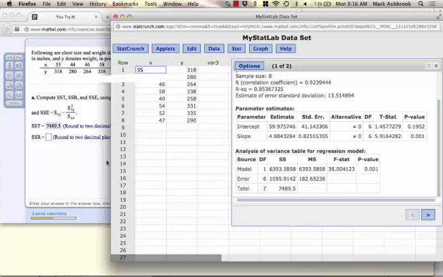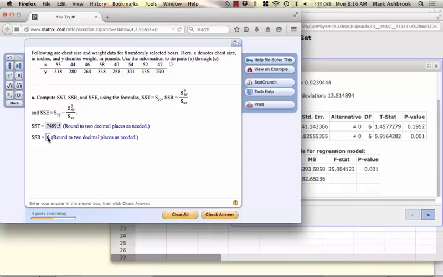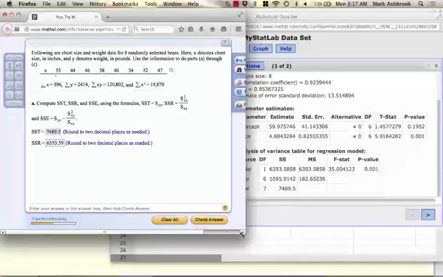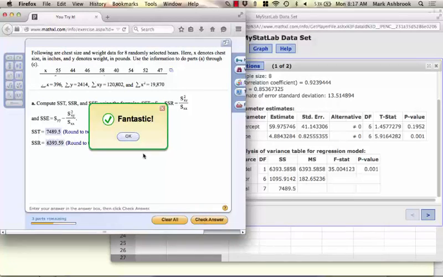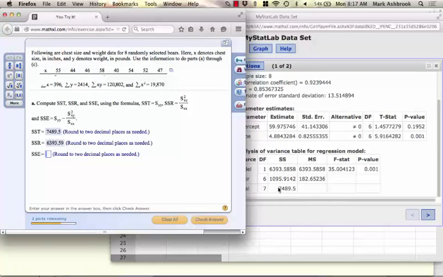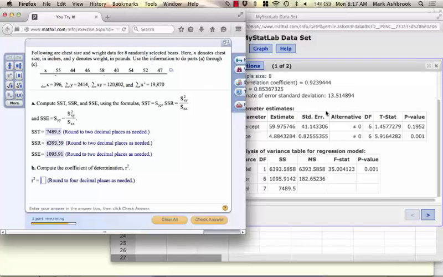SSR, 6393.59. And then SSE, 1095.91. Okay, R squared, 0.8537.